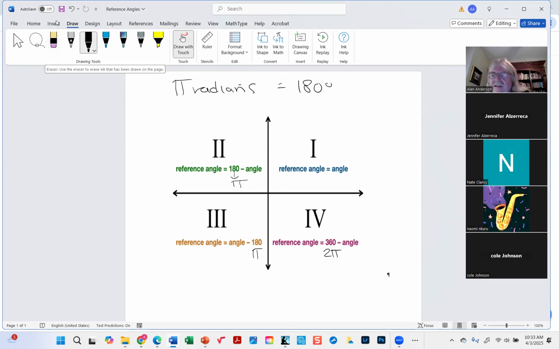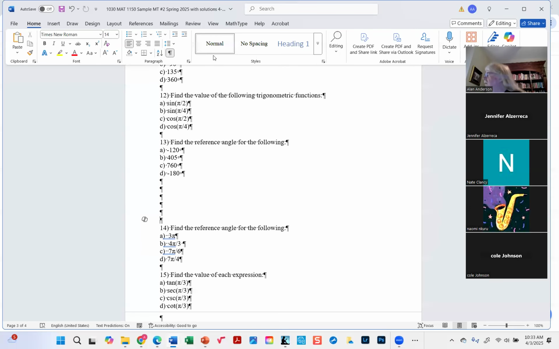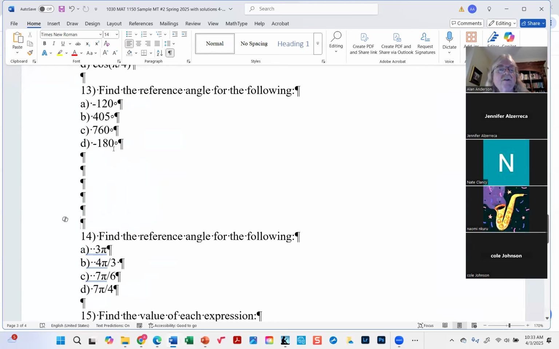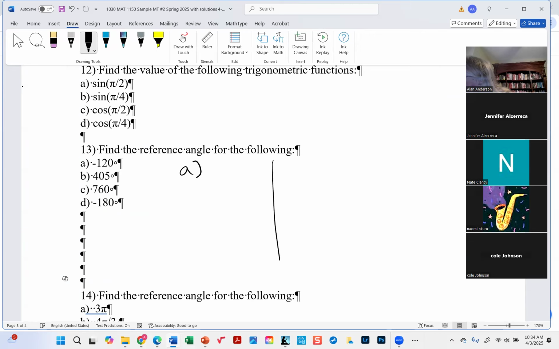Okay, all right, good. So let us go back to the questions. We're going to start with number 13. And here it is right in front of us. So we're going to start right off the bat with reference angles. Now, we start with negative 120 degrees. If you remember, the way this works is that we go around through the axes in a clockwise direction.